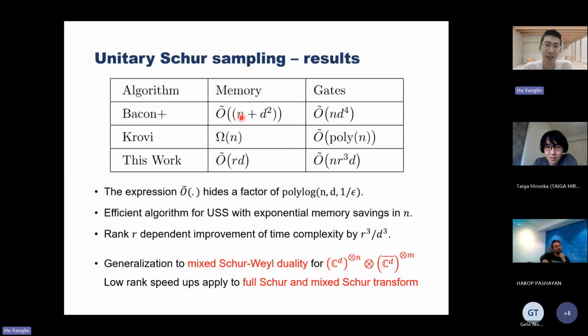So basically, when n is much greater than d, this Rd is much better than the n scaling. And if we consider n to be very small, they still have a d-squared memory requirement, while our algorithm has already decreased it. We get an R-dependent improvement, so our algorithm will work better for low rank states.